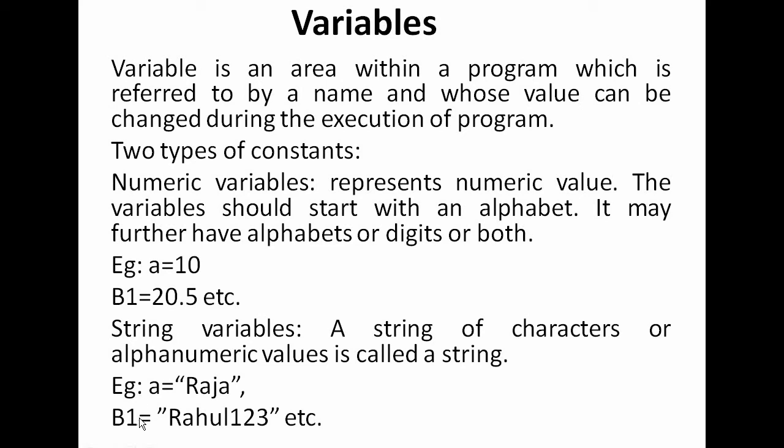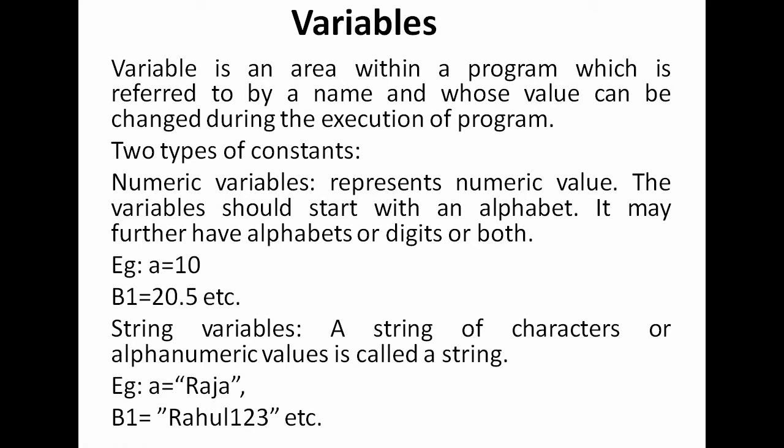Just like here B1. B1 is a name of a variable, a place in a computer, which holds a string value. Rahul 123 is our string value. That means these values can be changed. Remember, during the program execution these values can be changed. So this is all about your variables.